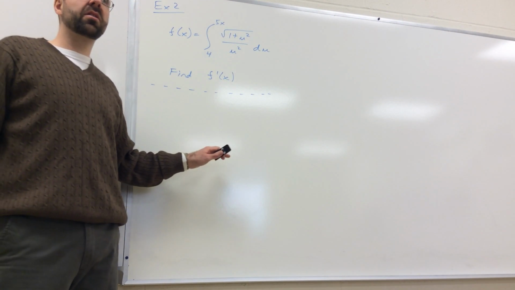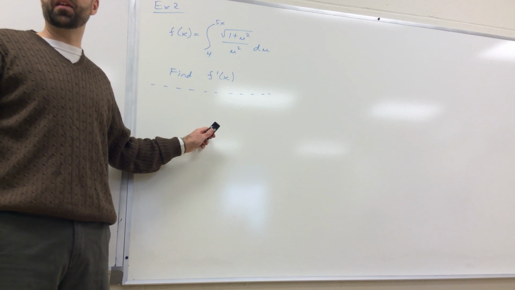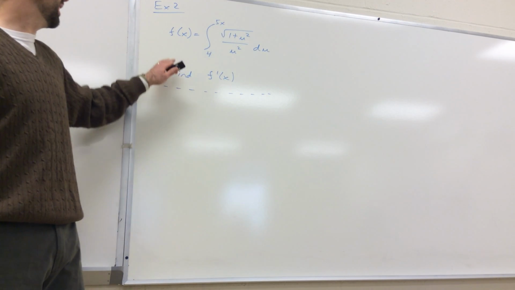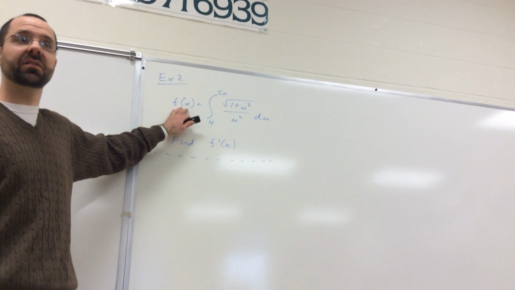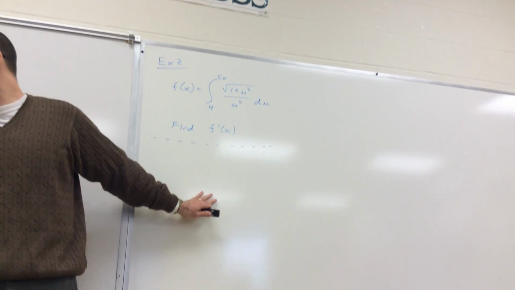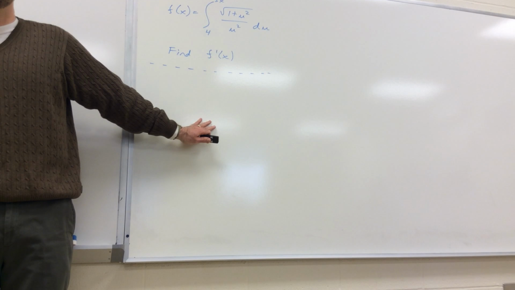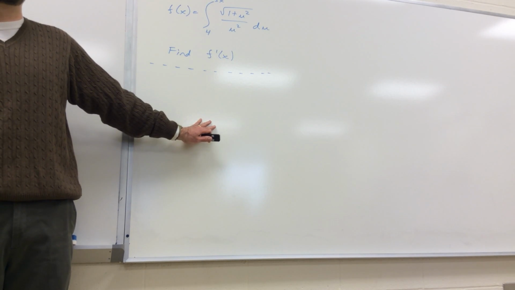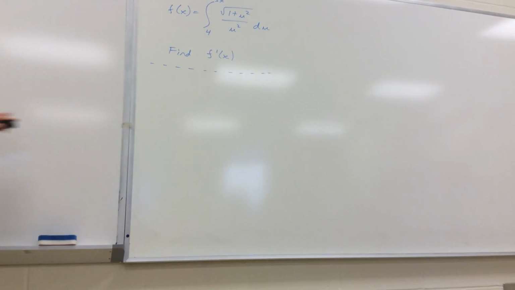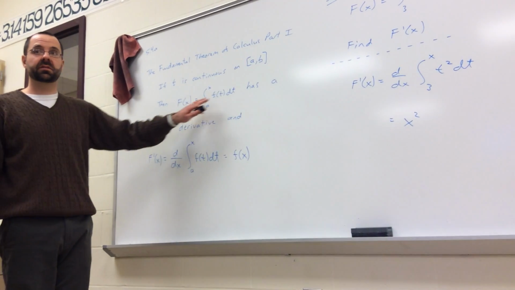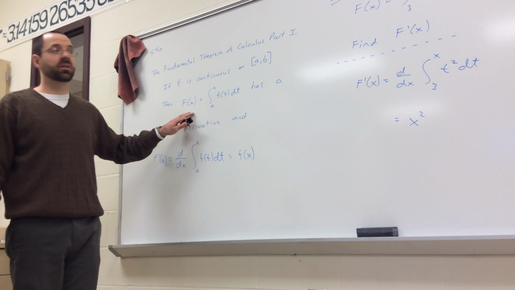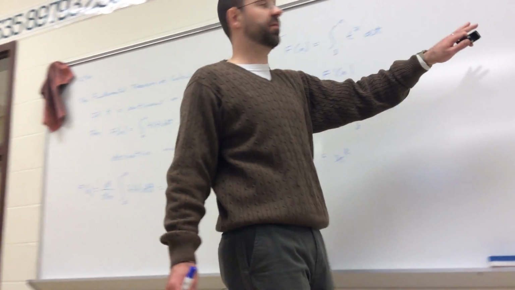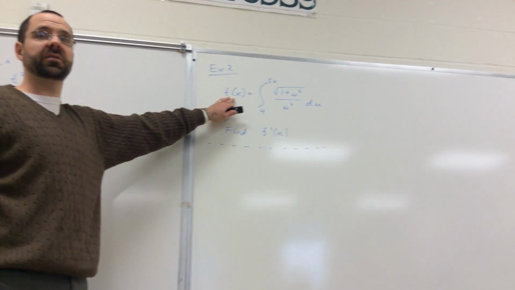Okay, so the first thing that bothers people about this problem is little f here corresponds to capital F over there, right? People don't like that. Over here, I was calling the area function capital F. Over here, I'm calling the area function little f.